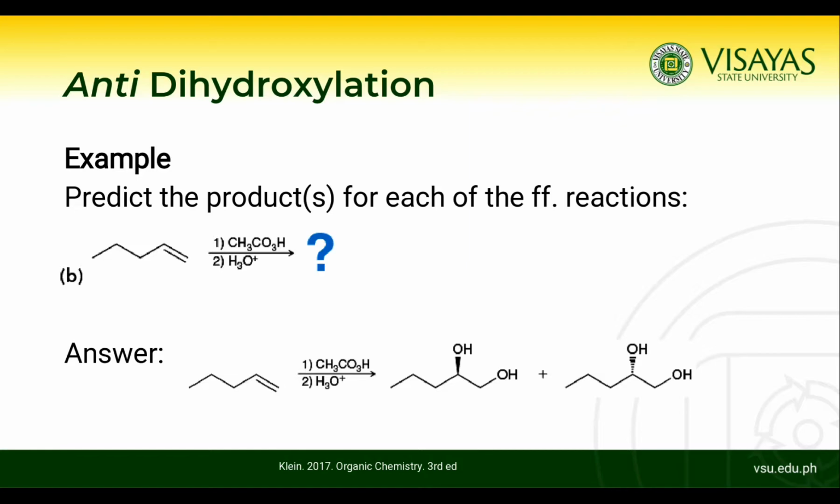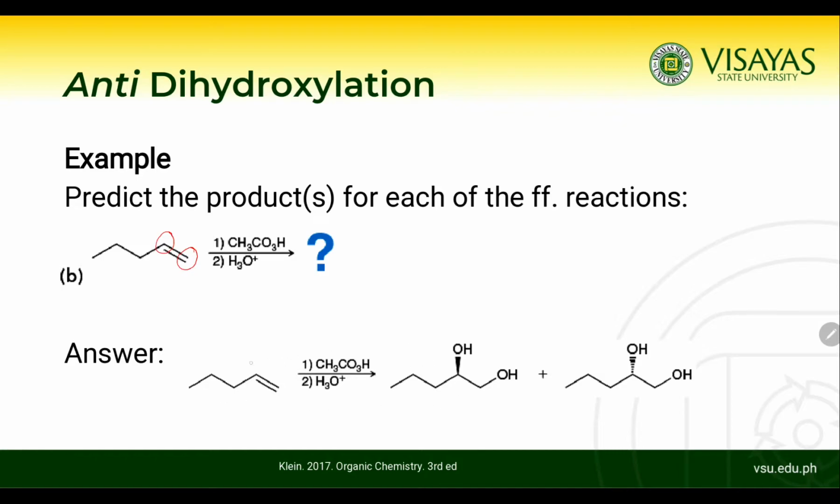Okay, letter B, so same as in hydroboration oxidation, we only show a wedge or broken line for what we add if that carbon is a chiral center. Okay. So in this example here, this carbon and this carbon here are the two carbons sharing the double bond.